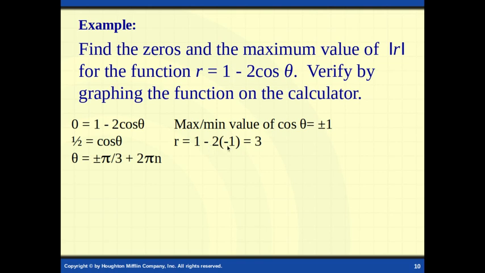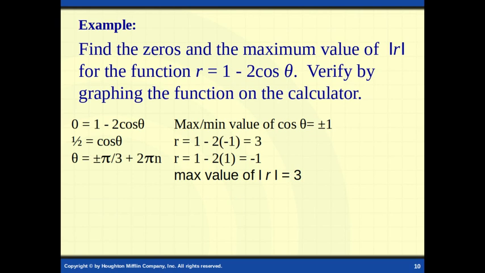Replacing cosine of theta with negative 1, we get 1 minus 2 times negative 1, so that would be plus 2, which gives us 3. If we replace cosine of theta with positive 1, we get 1 minus 2, which is negative 1. Taking the absolute value of both, the biggest value would be the 3.